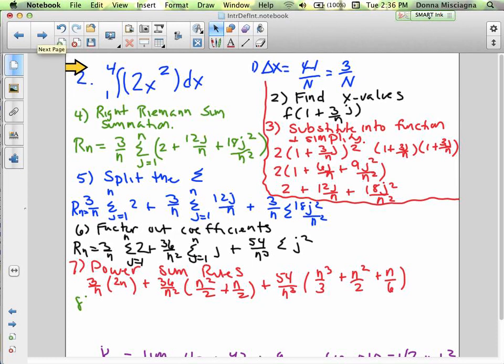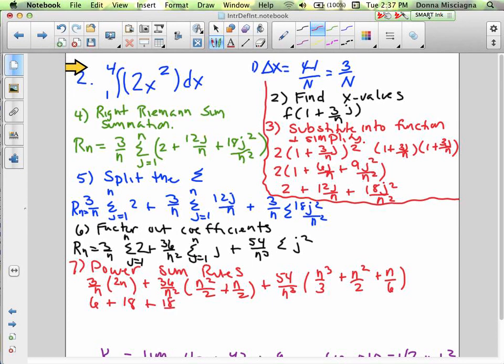All right, so we're still on 7. Ignore that 8. So this would be 6, and the ends would cancel. And the first term, the n squareds would cancel. That would be 18. And then we would have 18 over n. That's just the 36 over n squared times the n over 2. And then we'll distribute again.